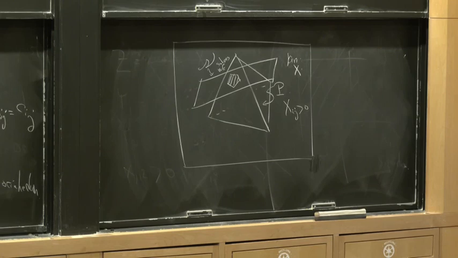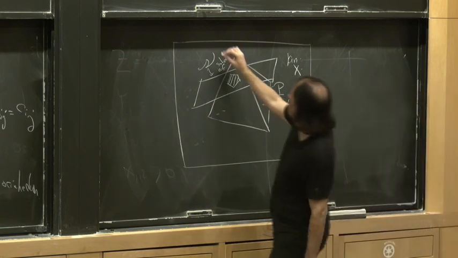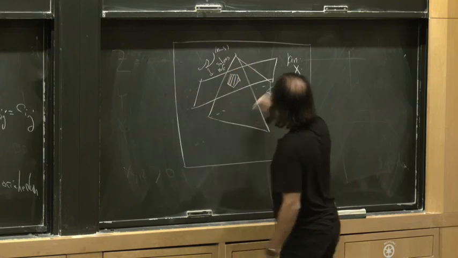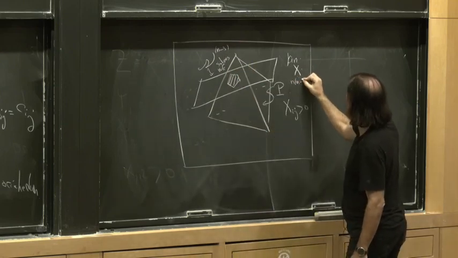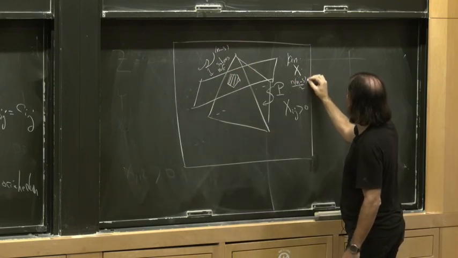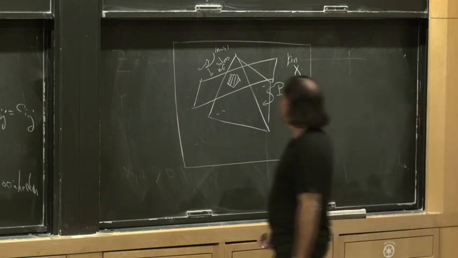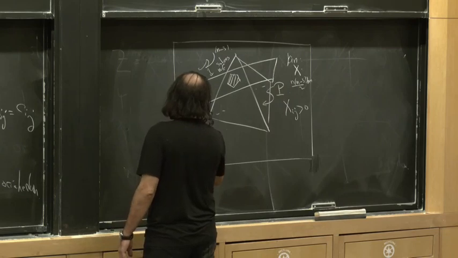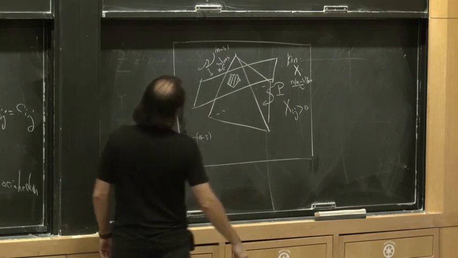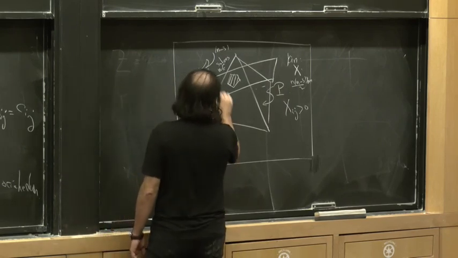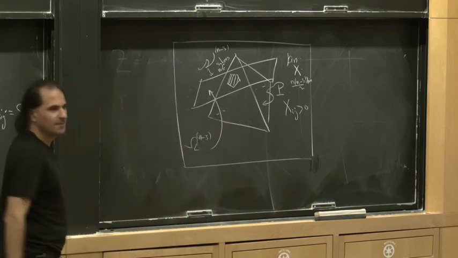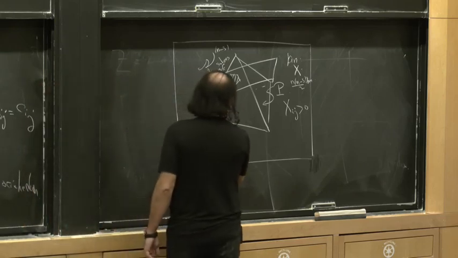And now what is the amplitude? This is an n minus 3 dimensional subspace. The kinematic space is n(n minus 3)/2 dimensional. And so the scattering amplitude is an n minus 3 form with the property that when you pull it back to the subspace, you get the canonical form of the associahedron.